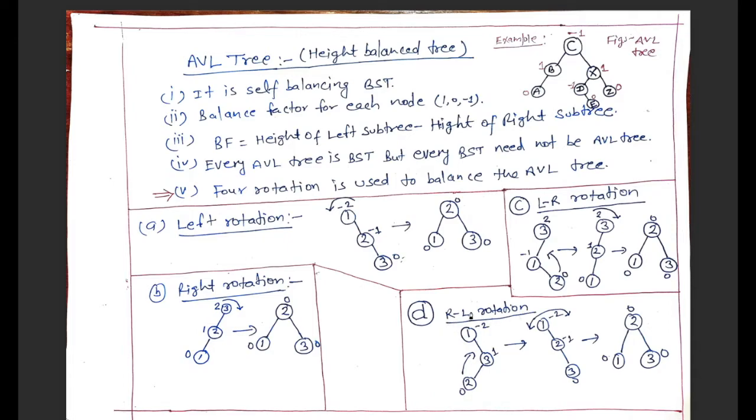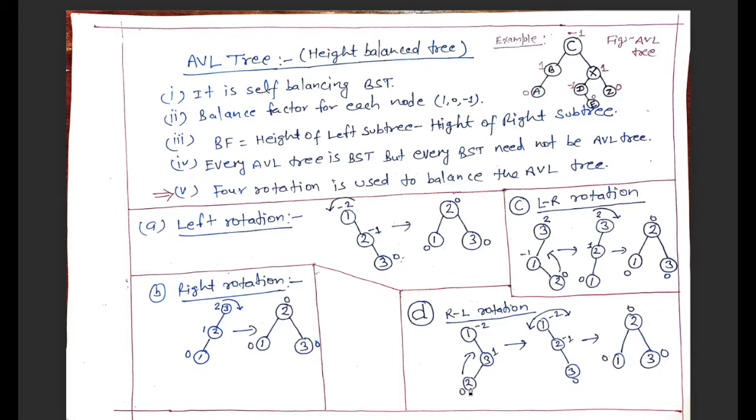RL rotation, in this case what you have to do, see here, the first node is this one when you are inserting in the AVL tree, and the second node is coming right of the first node, and the third node is coming left of this second node, right? Means the situation is right and left. Okay, when you get such a situation, you find the balance factor for each node, right?